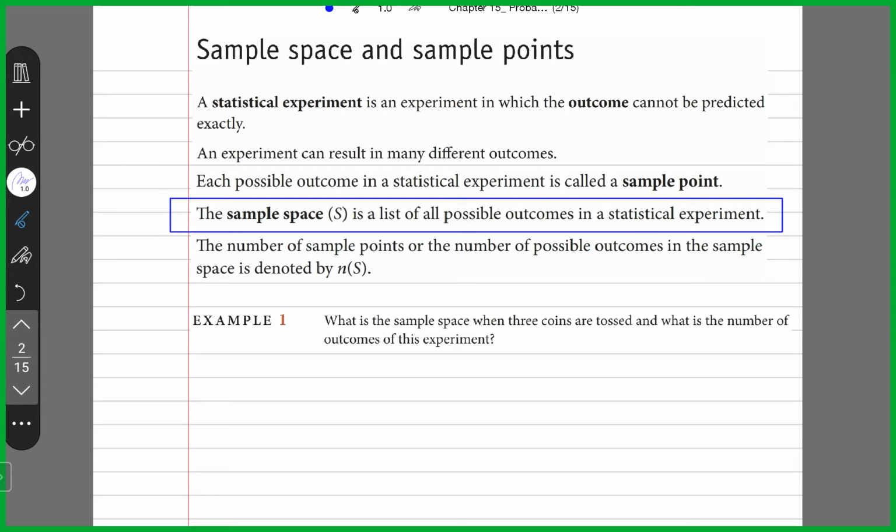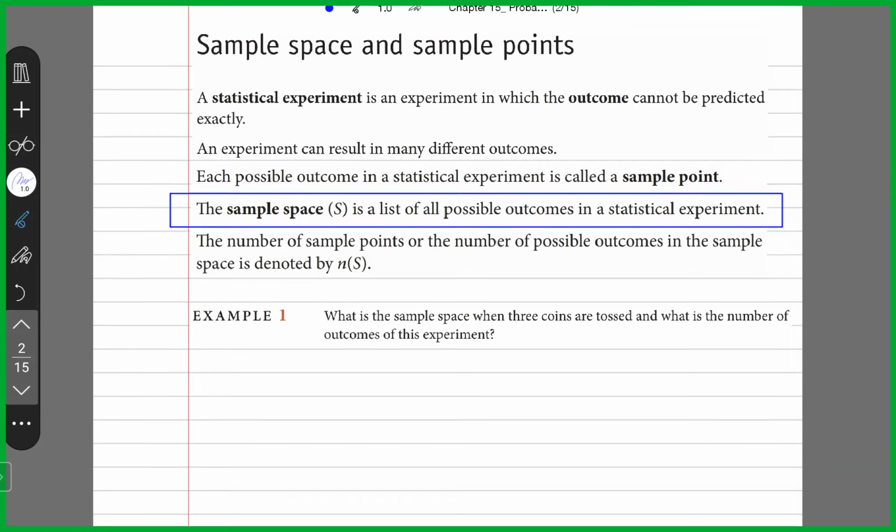We call that list of all possible outcomes the sample space. And one outcome in a sample space is called a sample point. Now, the number of sample points, or number of possible outcomes, in a sample space is denoted n(S).